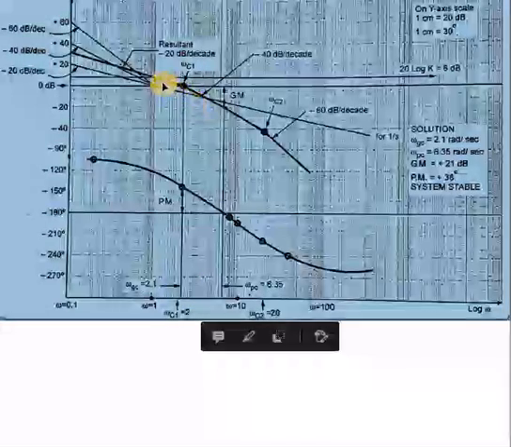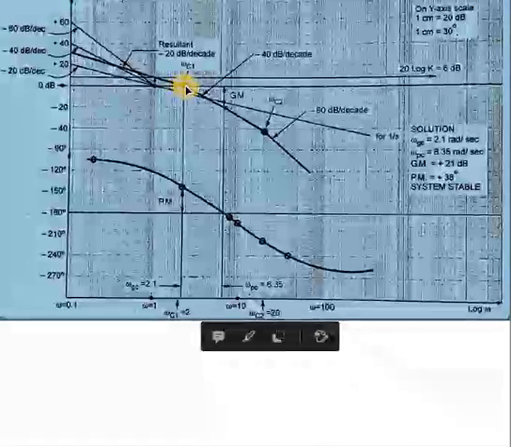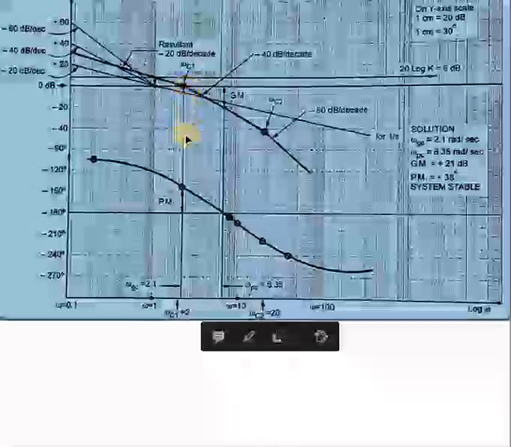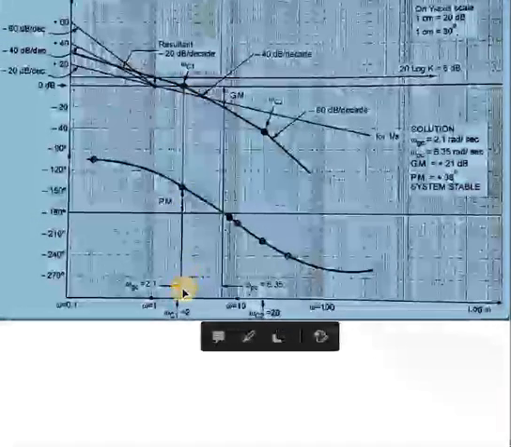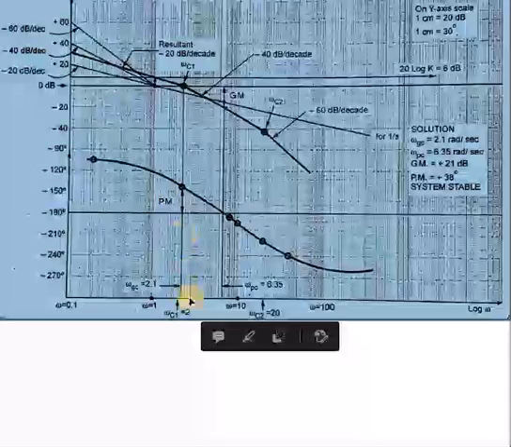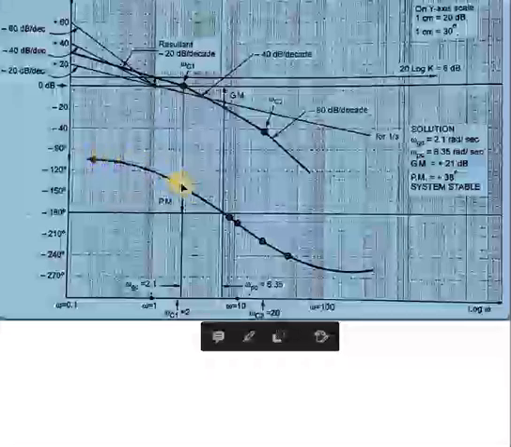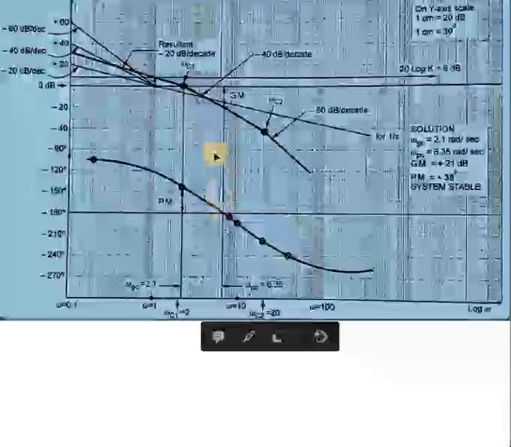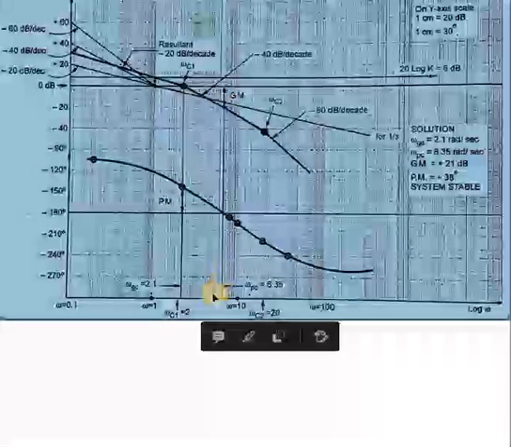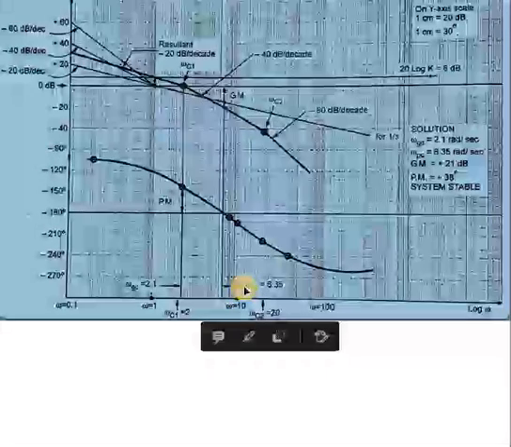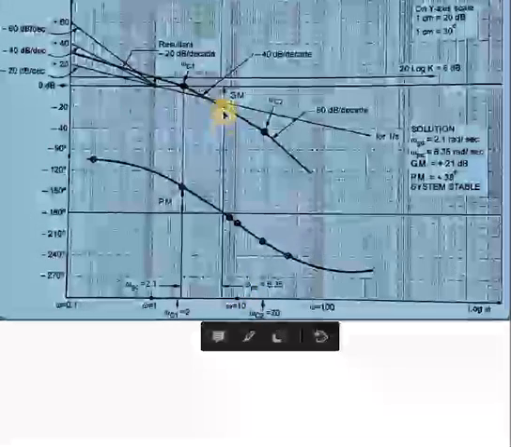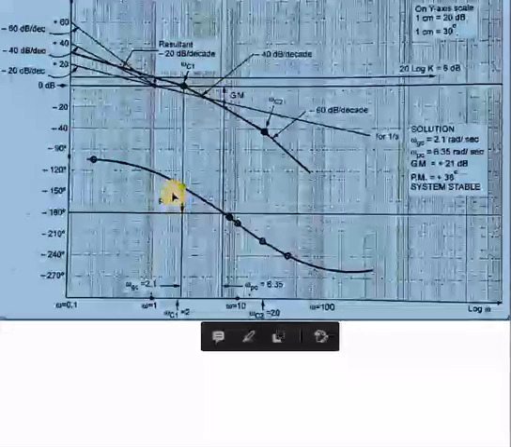We are looking for the magnitude plot, and wherever it is having the intersection with 0 dB line, from there you have drawn a vertical line. So that is going to be your omega GC. Similarly, omega PC will be intersection of this phase plot with 180-degree line, and you have drawn a vertical line up to this frequency line. So that is going to be omega PC. Similarly, at the same point, the gain margin you will get here, and phase margin here you will get.